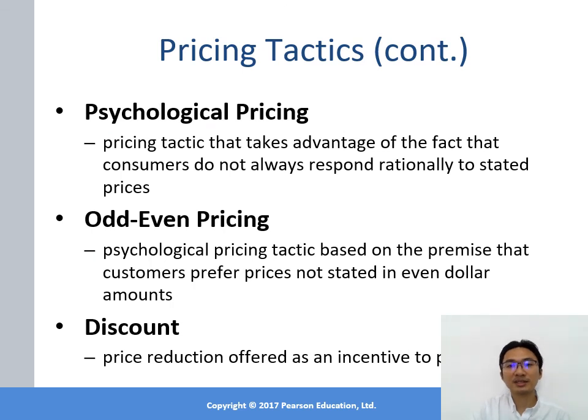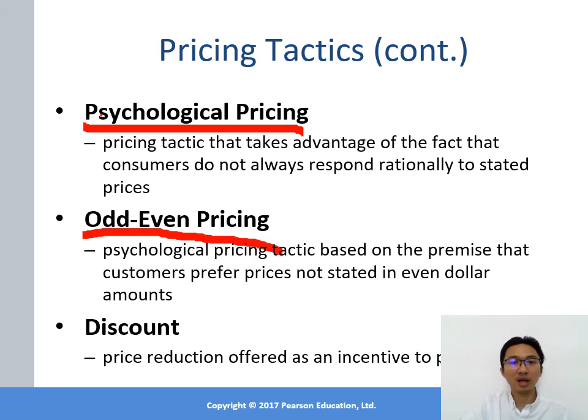The last one is psychological pricing. Psychological pricing takes advantage of the fact that customers are not completely rational when making buying decisions. We are not completely rational. So one type of psychological pricing is called odd-even pricing. It is based on the theory that customers prefer prices that are not stated in even amounts of dollars or ringgit.